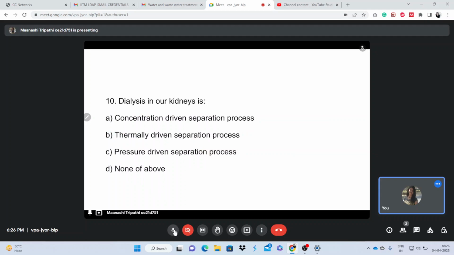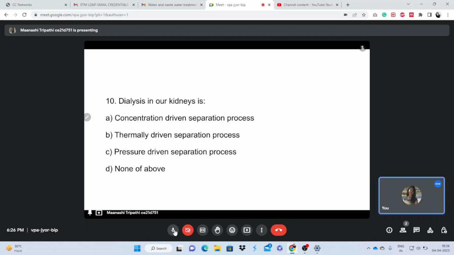Next question is, dialysis in our kidneys is a concentration driven separation process, thermally driven, pressure driven, or separation driven? So what happens when we use any membrane process?